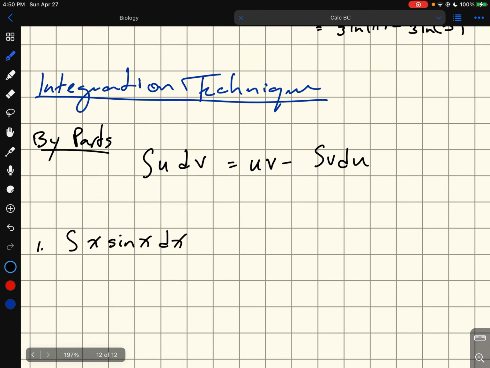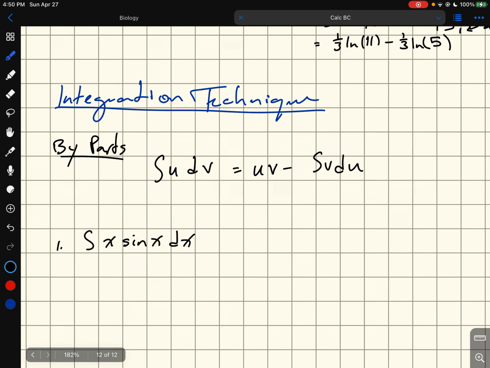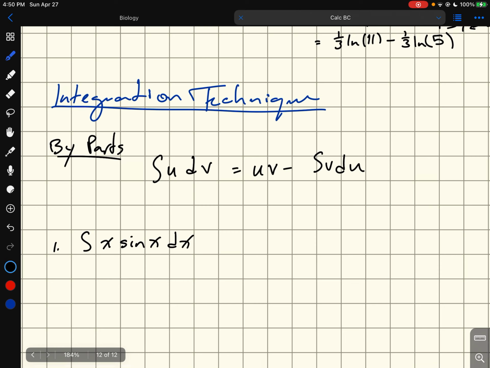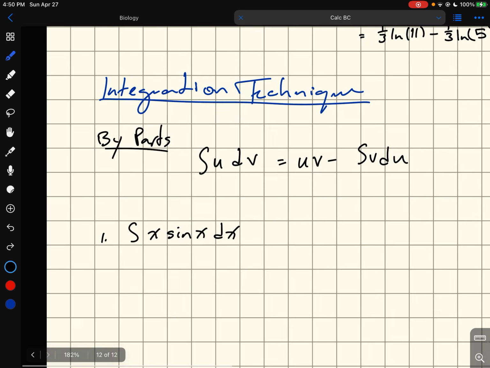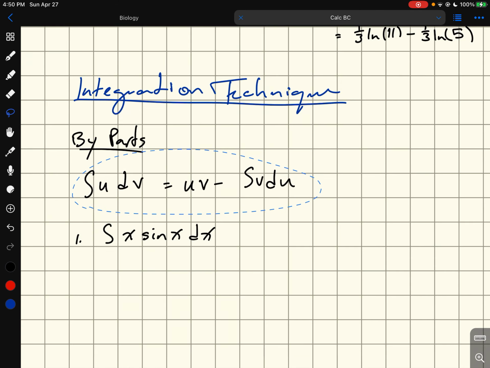So essentially, you're going to make one u, and you're going to make one the derivative of itself. Okay, you know what, let's do the problem and then you'll see. We'll do a few.